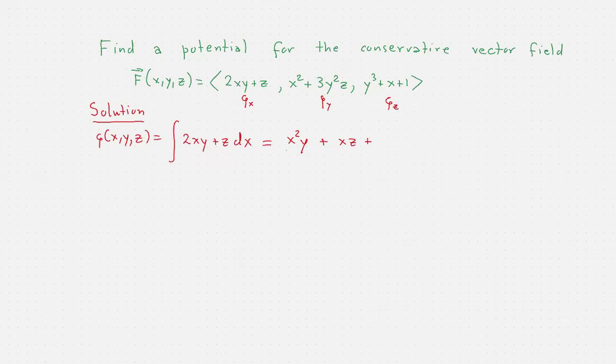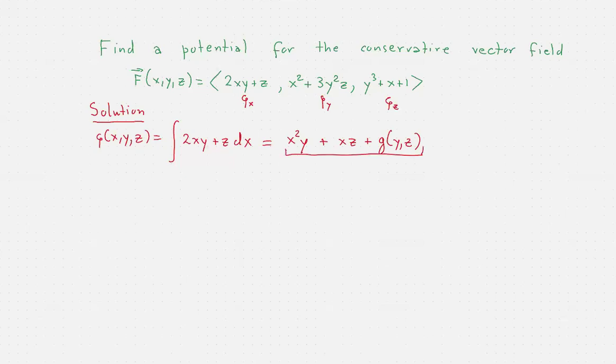So instead of a constant, we put g of y comma z, and we should try to pin down the function g(y, z), so that the derivative of all this expression with respect to y is the second component, and with respect to z, it's the third one.